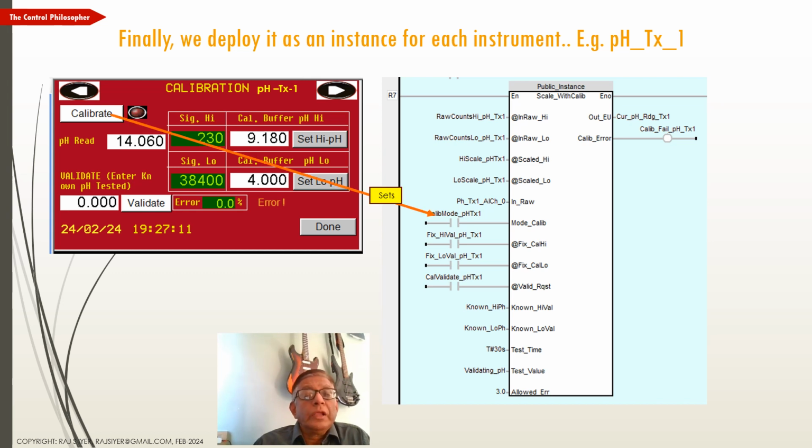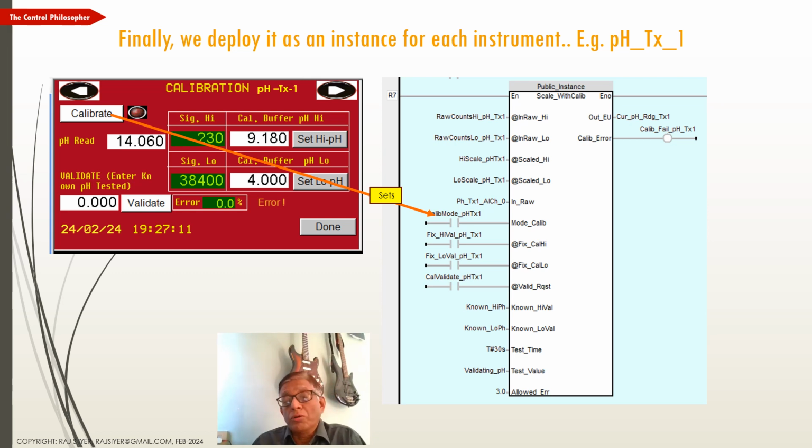You know, there is this calibrate button that puts this block in calibrate mode and sets the calibration mode signal. Then after we are in calibration mode, we place the pH probe into a calibration buffer of 9.81 pH, and correspondingly you will notice that there is some reading, what is shown in green, the signal high column corresponding to this 9.8.